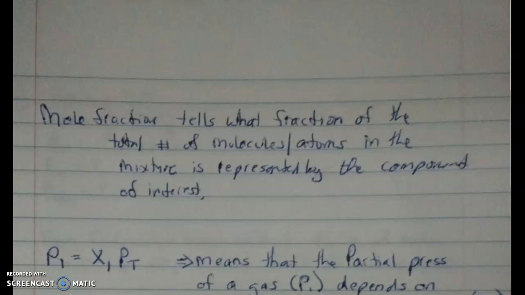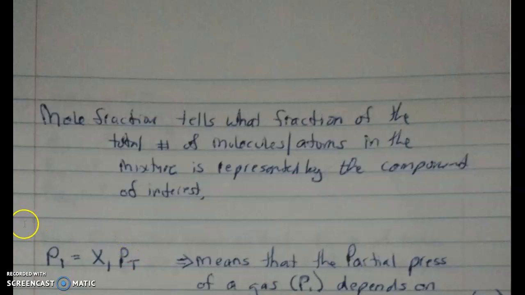We can use that mole fraction to determine the partial pressure. Remember that the total pressure that a gas mixture exerts is the sum of all of the partial pressures of the gases that are present.